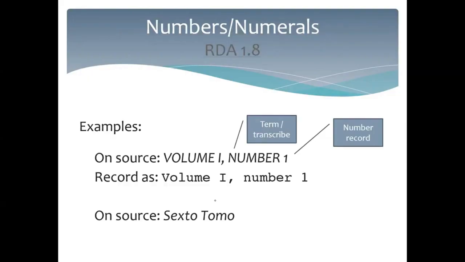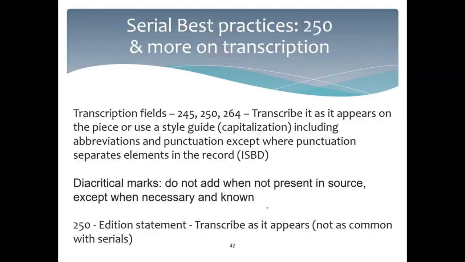So the term is going to be transcribed exactly as it is, and then the number you're just going to record as the number. We have sexto tomo, which is 6, and I don't know exactly the degree part of it, but apparently that's part of how that would be translated. And then tomo, we just record that exactly as it appears.